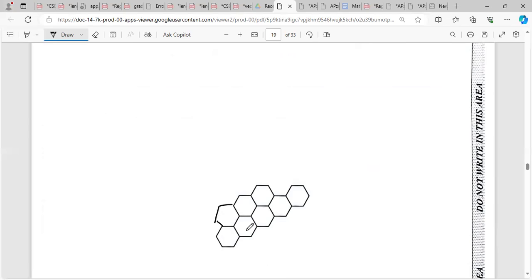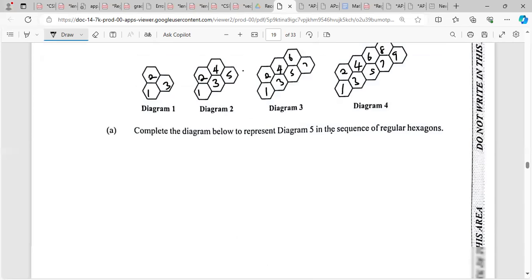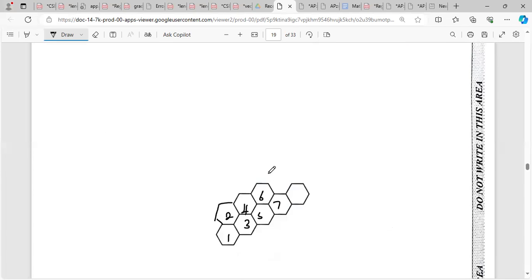So 1 figure this up. So we have 1, 2, 3, 4, 5, 6, 7. Let me see how much we have in total. We have 9, so we're supposed to have 11. So that's 8, 9, and I'm going to add on 2 more because we're supposed to have 11.